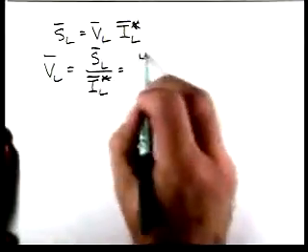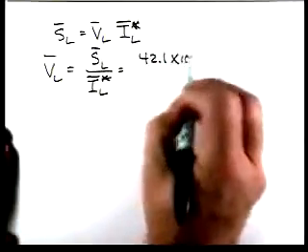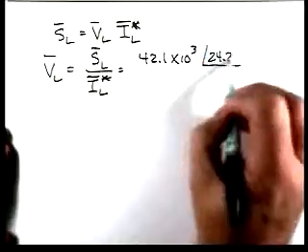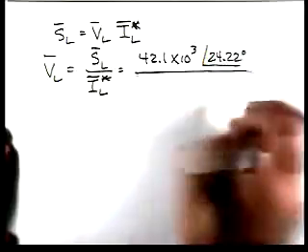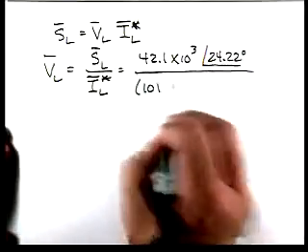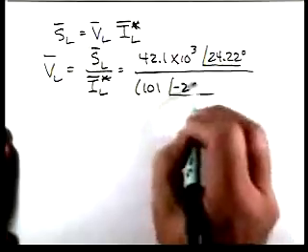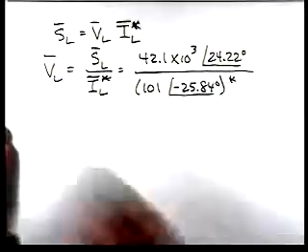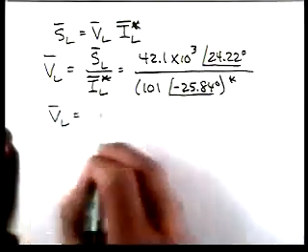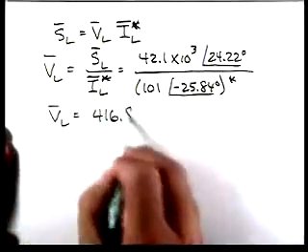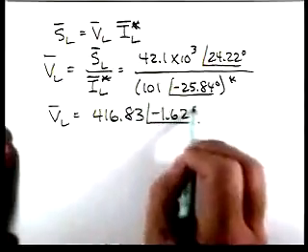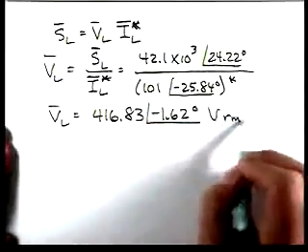So we have 42.1 times 10 to the third at an angle of 24.22 divided by 101 at an angle of minus 25.84, conjugated. So then VL is 416.83 at an angle of minus 1.62 degrees volts RMS.